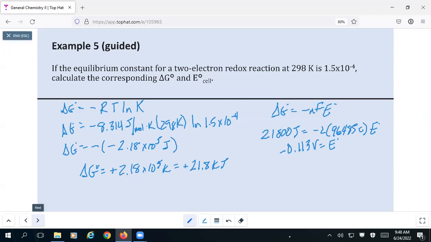Now, like I said, you could go the other way with it. You could do the E is equal to negative RT over nF, natural log of K route.